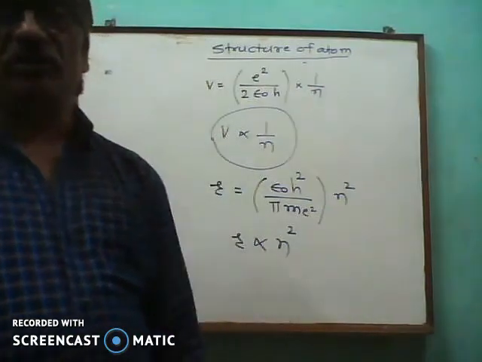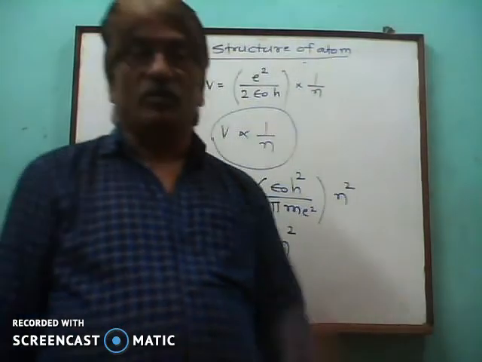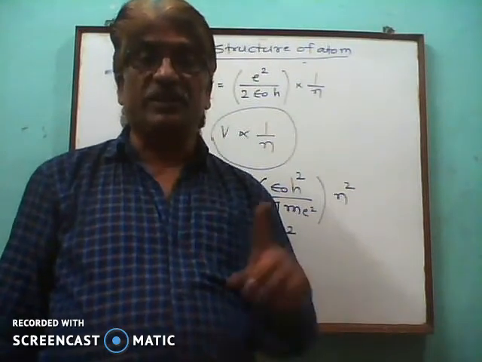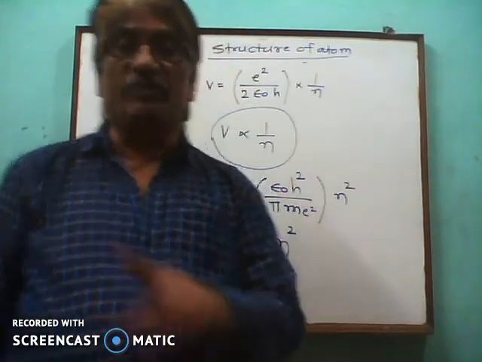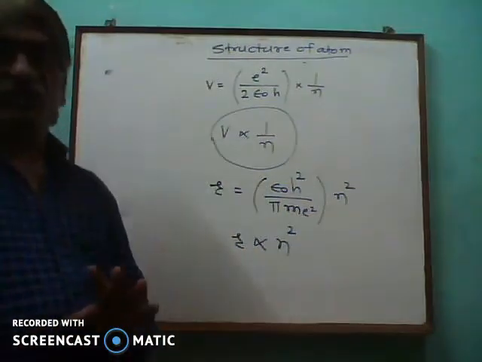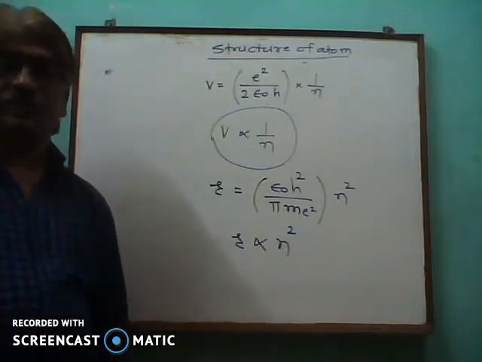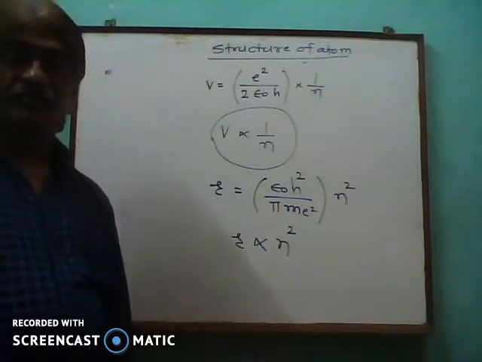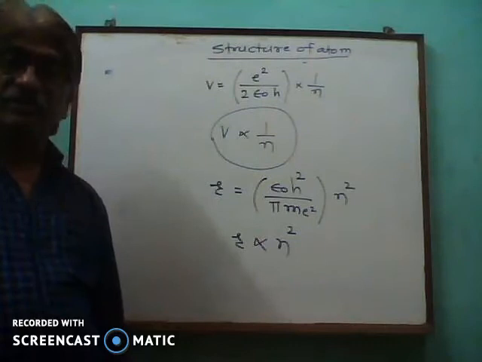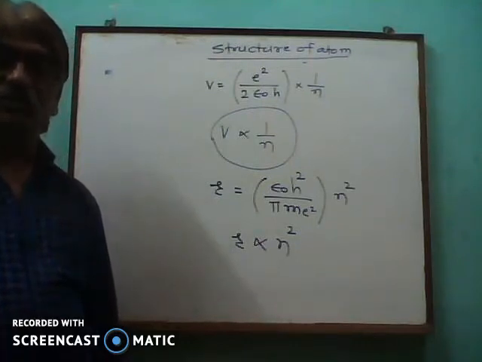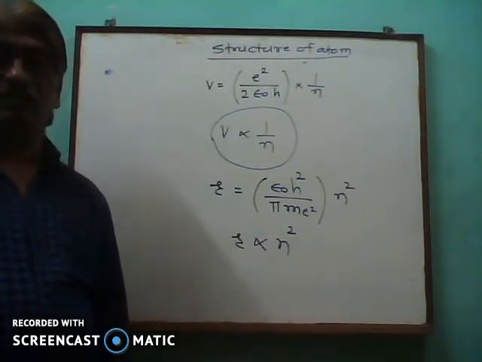And the third question will be find the expression for velocity of electron in Bohr's theory of hydrogen atom, or show that velocity of electron is inversely proportional to the principal quantum number.